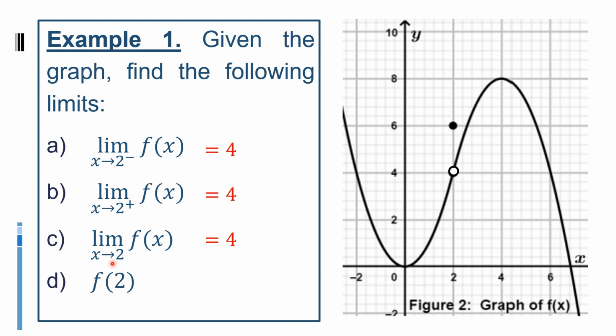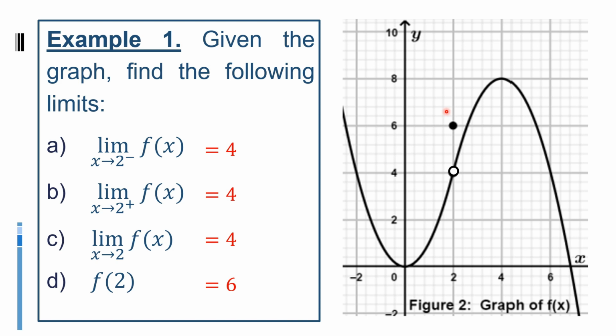However, from the graph, makikita natin that f of 2, ano yung value ng f of 2 natin? Butas dito, andito siya sa 6. Yung limit ng isang function doesn't necessarily mean na nandoon siya sa mismong function. Kasi in this case, yung limit natin as x approaches 2 is 4. Pero yung value ng function at 2 is 6.